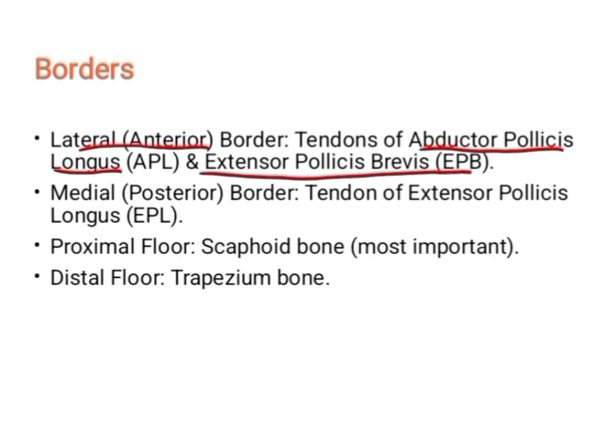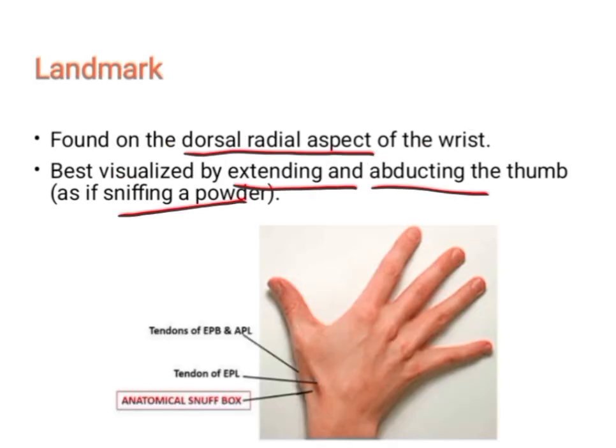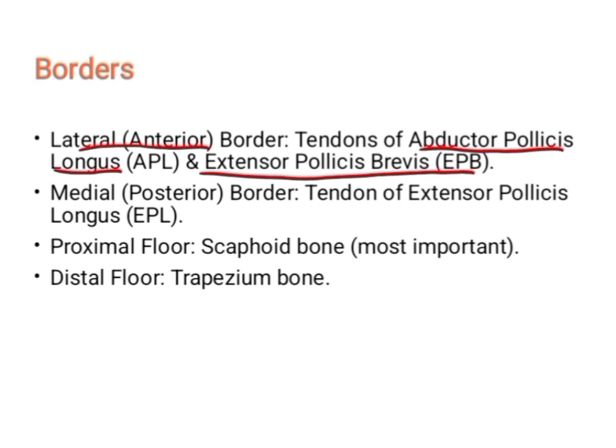You look at this image, you already said that to visualize the anatomical snuff box, the thumb has to be abducted. So the tendons of abductor pollicis longus and extensor pollicis brevis form the lateral or anterior border. The medial border is formed by the tendon of extensor pollicis longus.